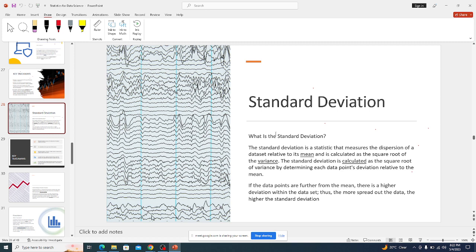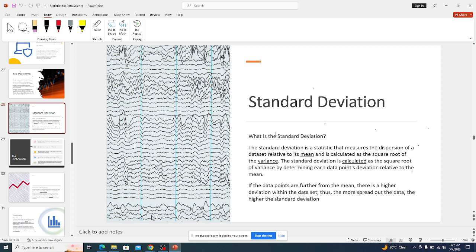We also started the measures of variability, that is variance and standard deviation. But we did not discuss standard deviation. We were to start that today.